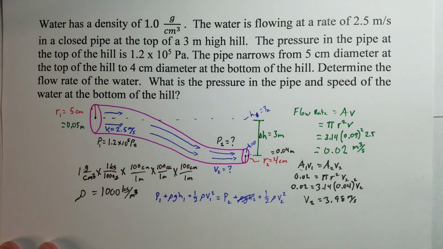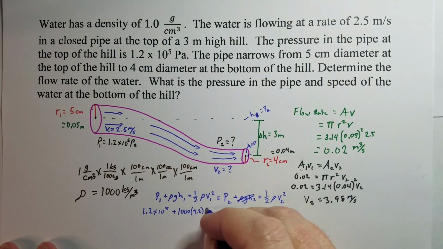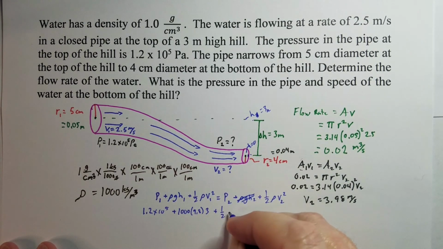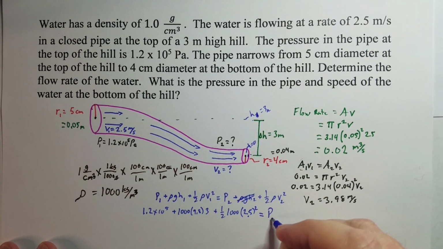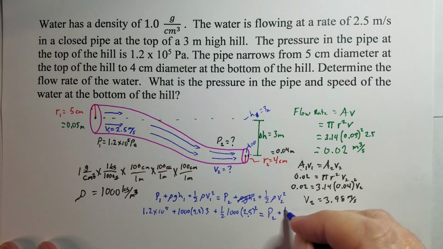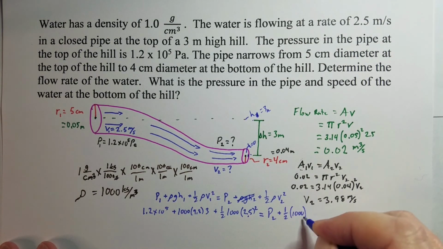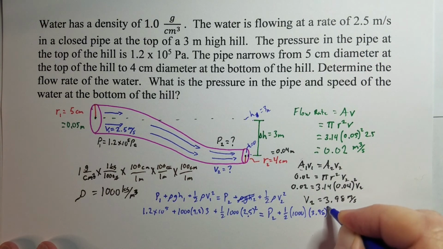So we've got the pressure at the top is 1.2 times 10 to the 5th pascals, plus the density, which is 1,000, times 9.8 for gravity, and the height is 3 meters, plus 1/2 times the density, 1,000, times the velocity at the top, which is 2.5, squared, equals the pressure at the bottom, which we don't know, plus 1/2 of 1,000 times the velocity at the bottom, which is 3.98 squared.